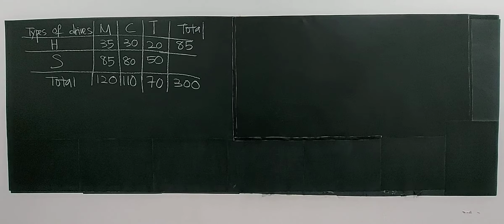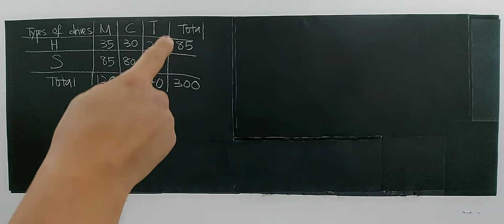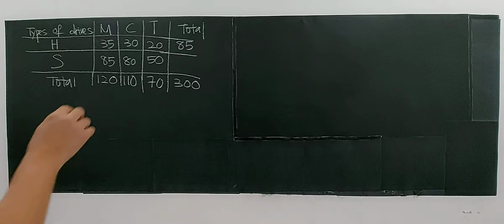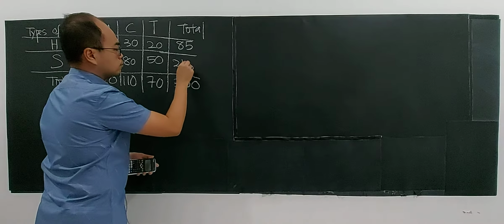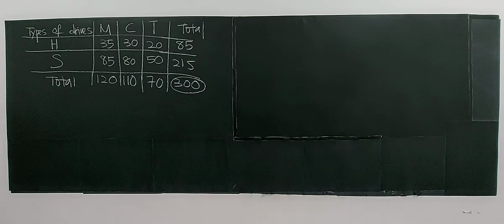So now if you total up, you have 85 for this. For this one, if you add up 85 plus 80 plus 50, you will have 215. Totalling up these two must also give 300. The total is 300, which means the digital shop has 300 in stock.